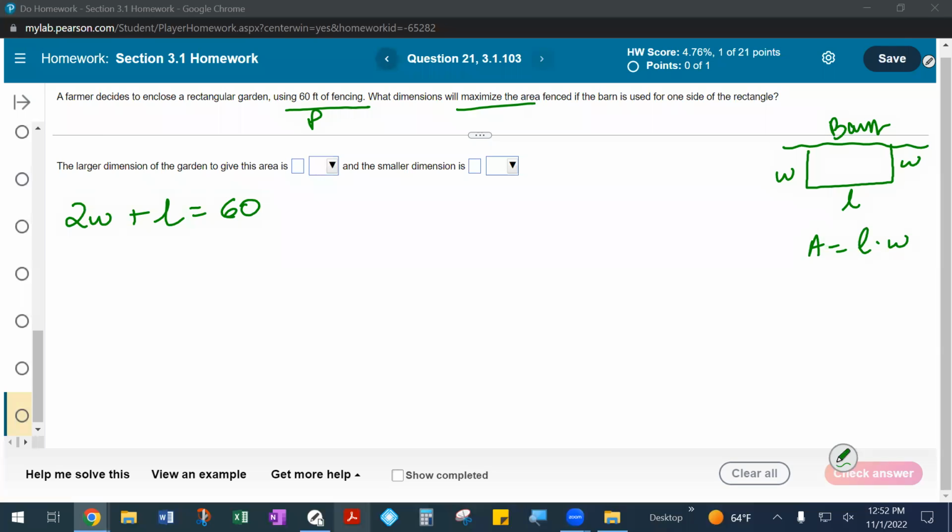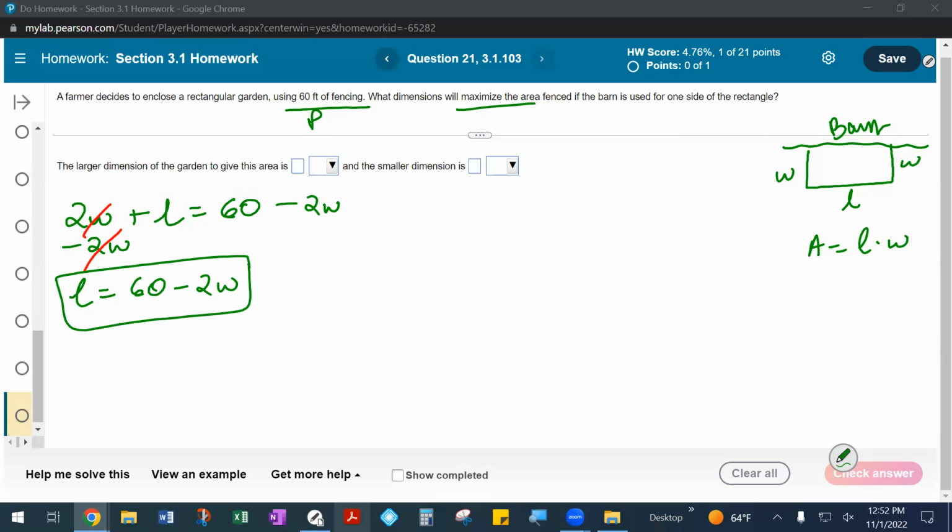So if you wanted to get length by itself, we can subtract the 2W on both sides. So using that perimeter, you're basically just rewriting either length in terms of width or width in terms of length. It doesn't matter which. It was just easier to get length by itself.